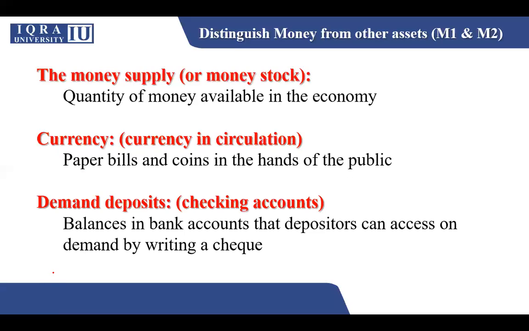Everybody knows what a checking account is. Here, we usually use the terminology of current account. Remember, it is the account from which depositors can access the money by writing a check. So if you are writing a check and withdrawing the money, you are talking about a checking account or demand deposits.